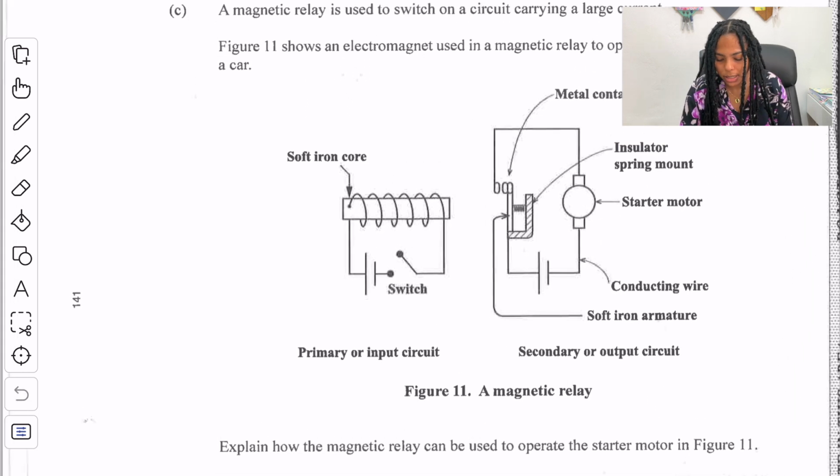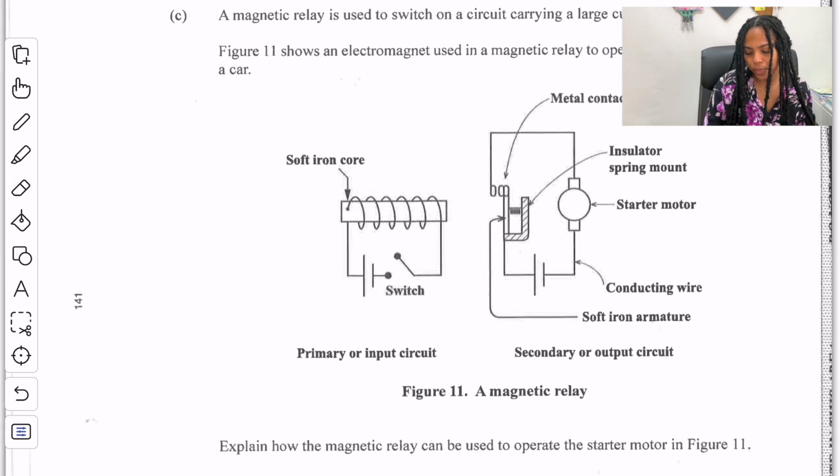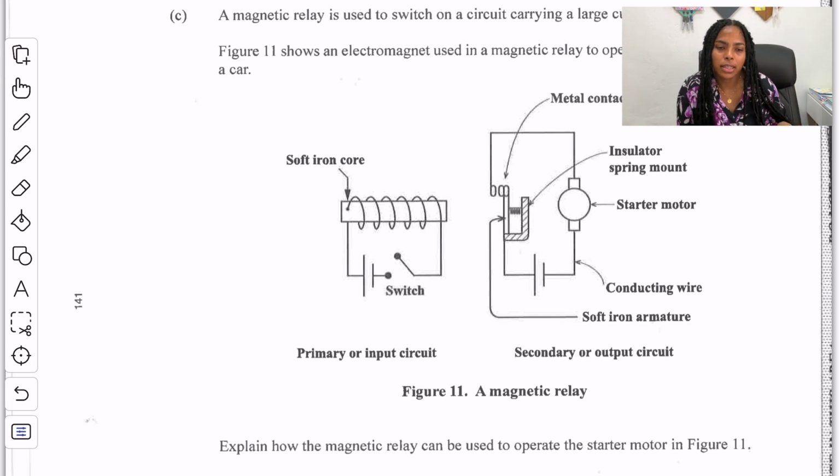So a magnetic relay is used to switch on a circuit carrying a large current. Figure 11 shows an electromagnet used in a magnetic relay to operate the starter motor of a car. Explain how the magnetic relay can be used to operate the starter motor in figure 11.